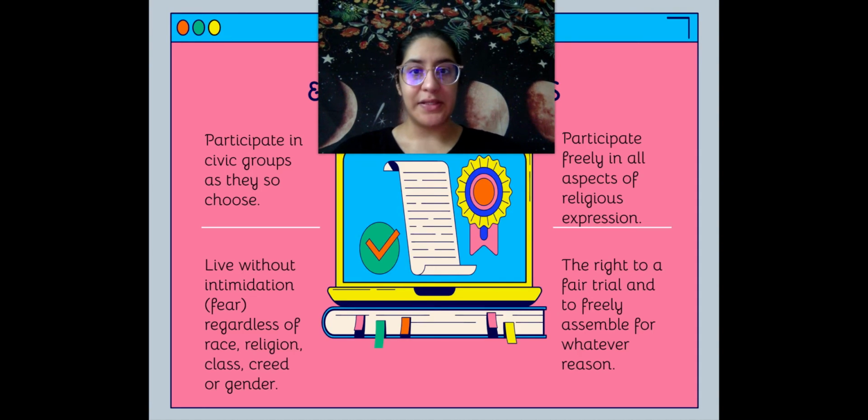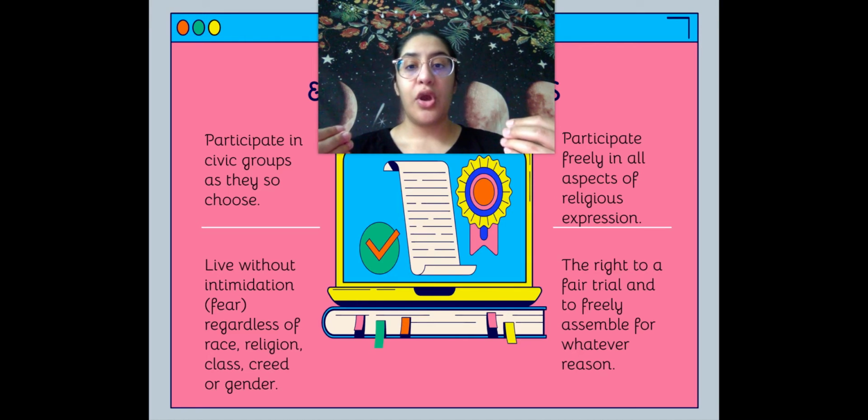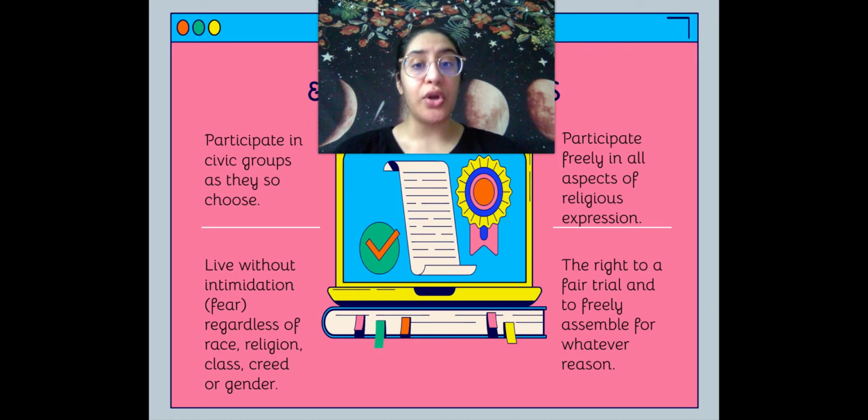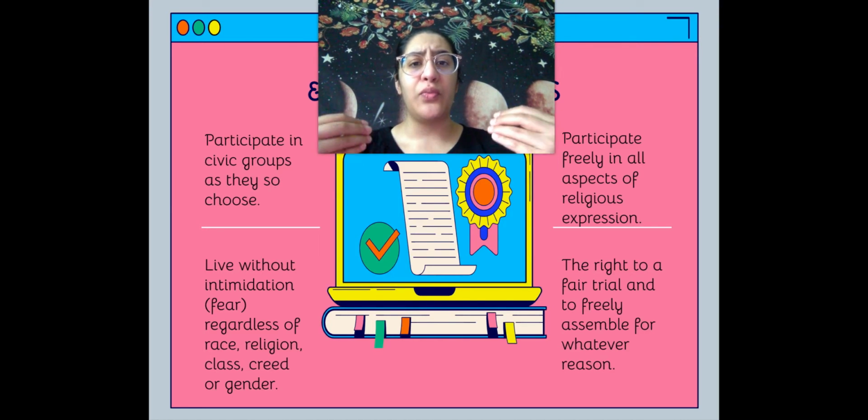We have those rights as citizens, and it's also a freedom that is given to us as just human beings, to be able to know that we can speak our mind safely without trying to hurt anybody, and to have a fair trial in that we can have a functioning justice system.